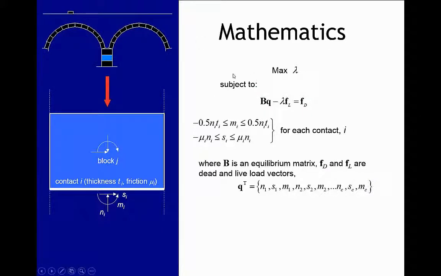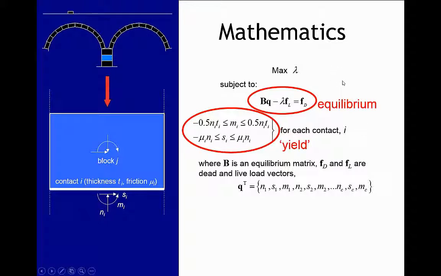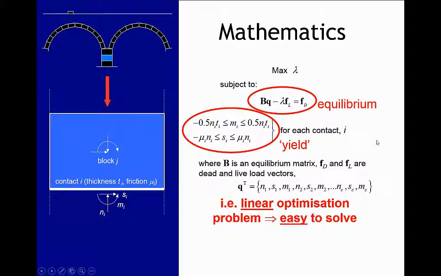In terms of mathematical equations, what we're doing is maximizing a multiplier on the applied load subject to equilibrium and yield constraints. The nice thing about that is it boils down to a simple linear optimization problem, which is very straightforward to solve.